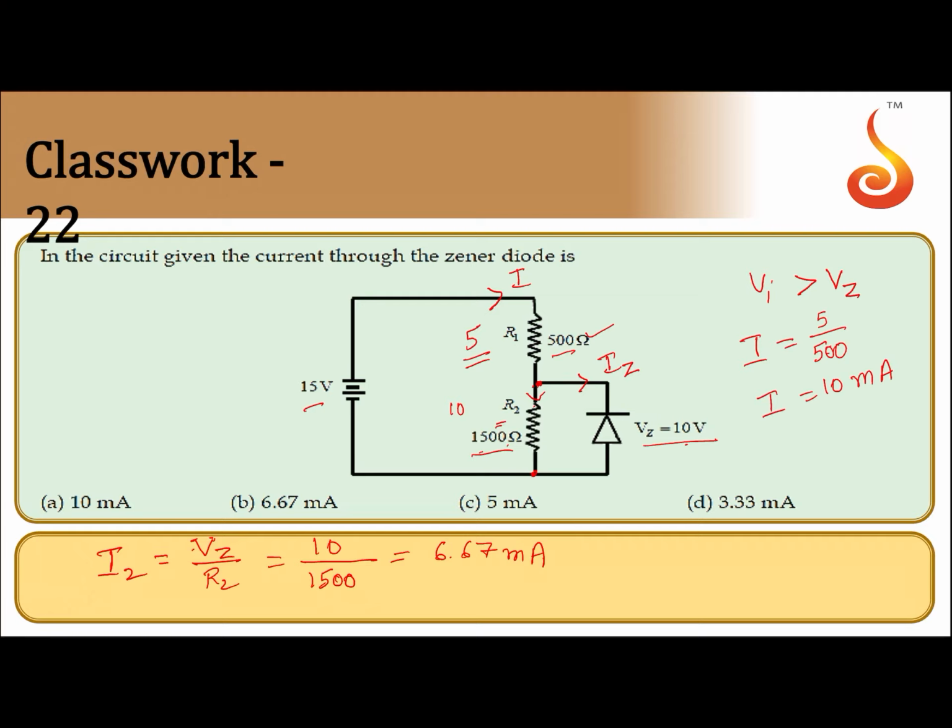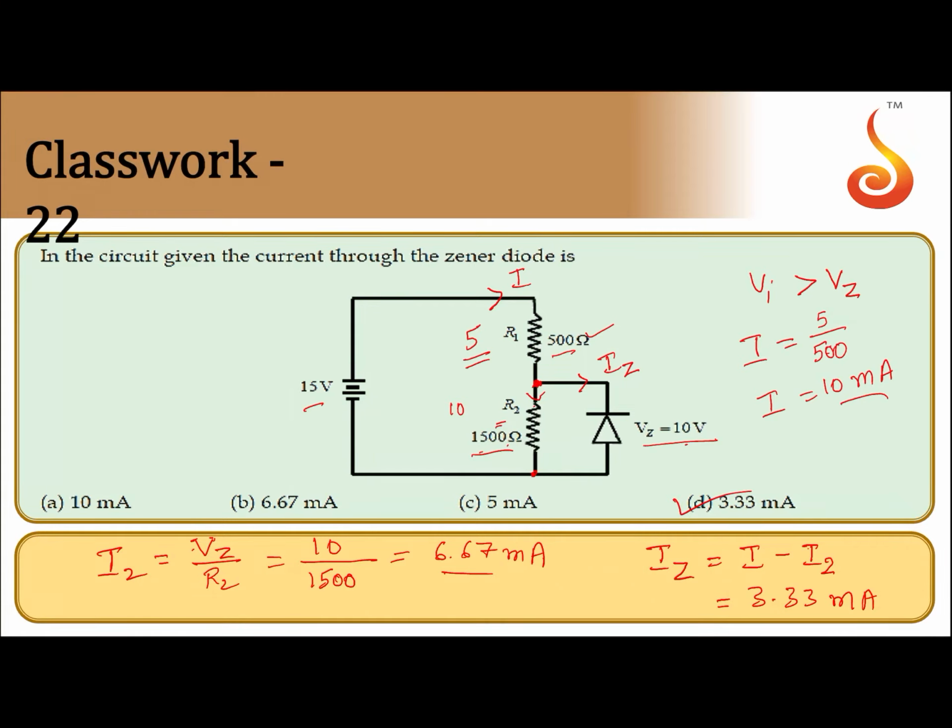So I is 10 milliampere, I2 is 6.67. Now what is IZ? IZ should be I minus I2. So that will be 10 milliampere minus 6.67, that is 3.33 milliampere.